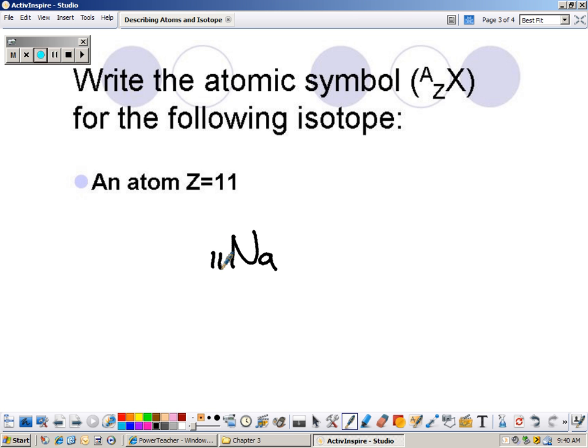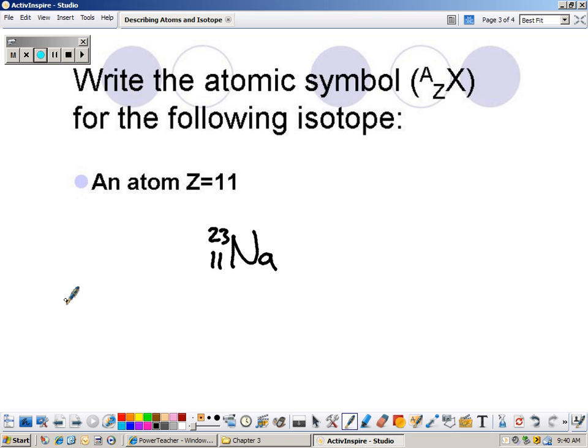Now we have to find the mass number. Because they don't give us any information about neutrons or protons, we can look in the periodic table, take the average atomic mass, and round it. So what's the mass number of sodium if we do that? 23. So we're done with that.